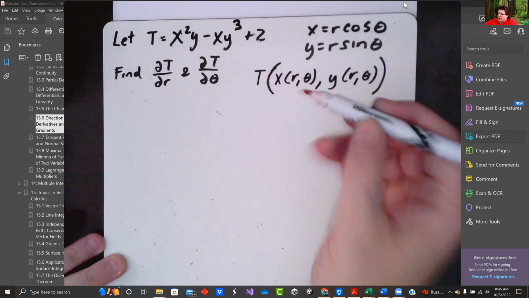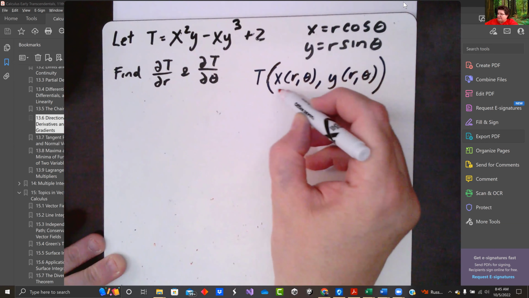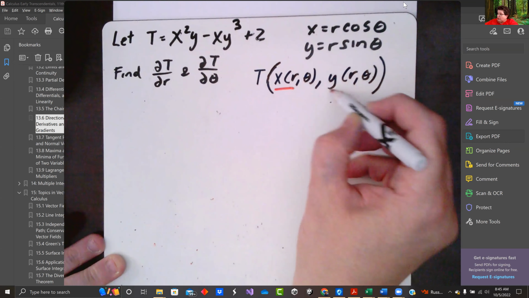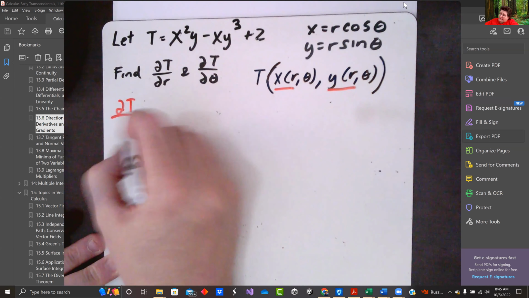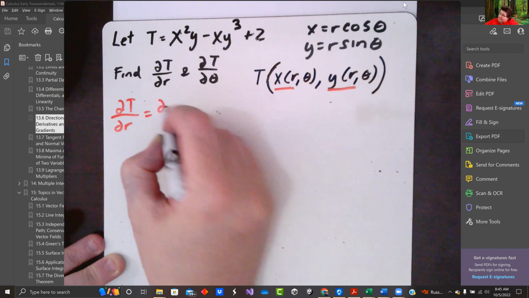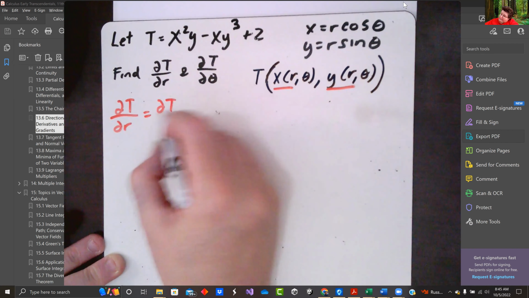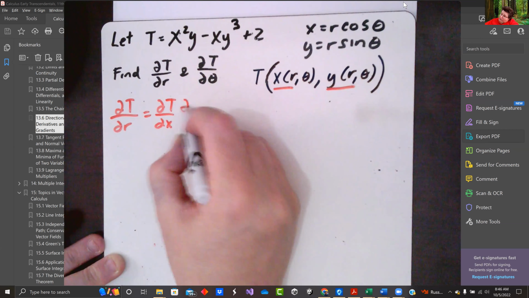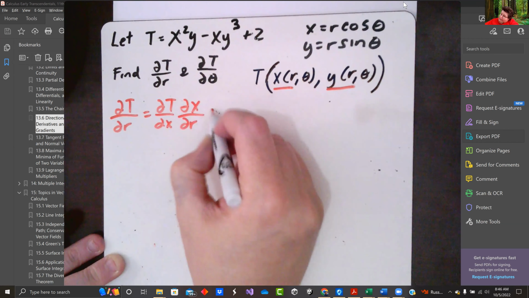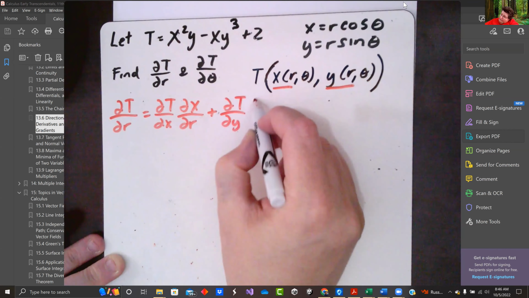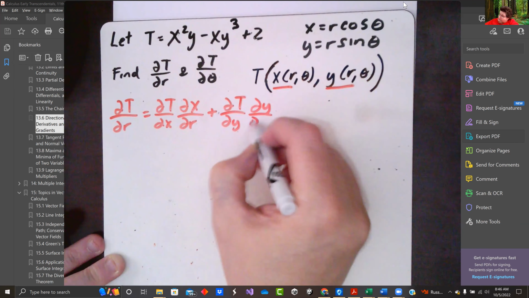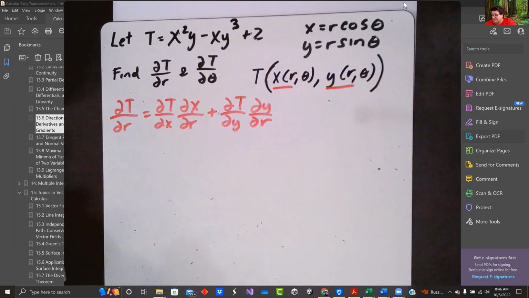If I'm going after r, I see I have x(r) and y(r), so I know I need dt/dx times dx/dr plus dt/dy times dy/dr. That's how I would do it without the tree.